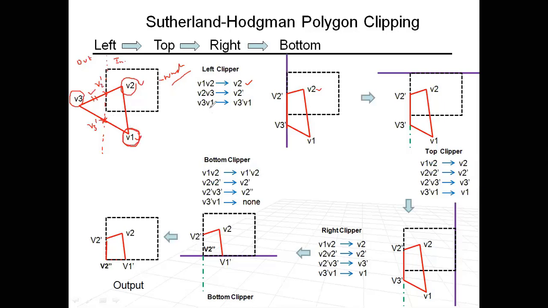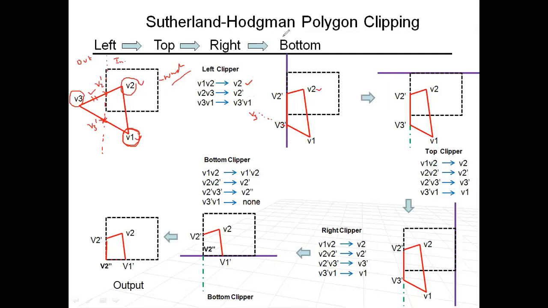So v3 to v1 we are moving, and we have saved v3 dash and v1. Both are saved. So we are left with v2, v2 dash, v3 dash, and v1.